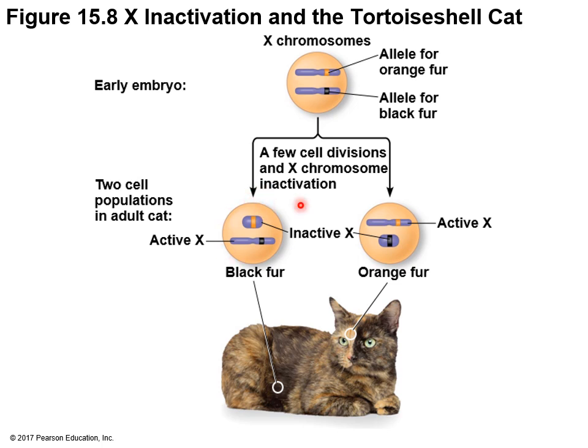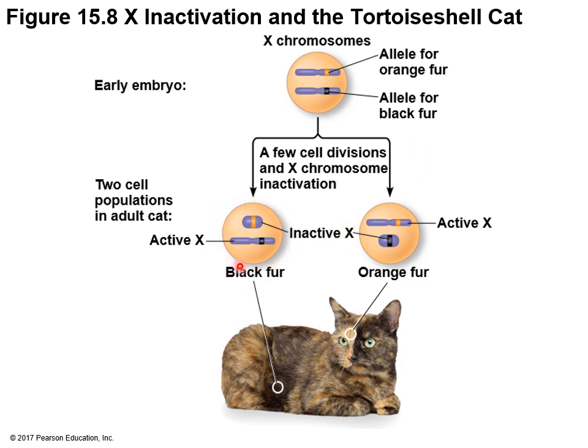So we have 2 populations of cells, and the cells we're talking about in this case are called melanocytes, which are the skin cells that are going to produce the pigment melanin, which is going to determine the fur color in this case.